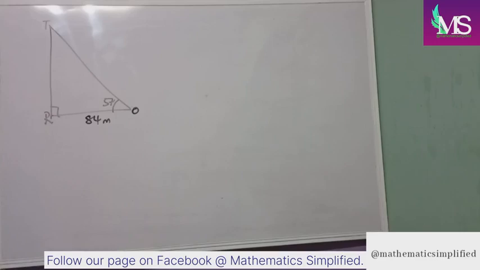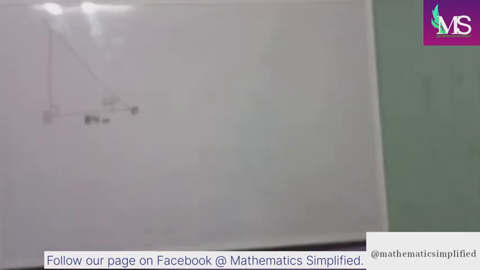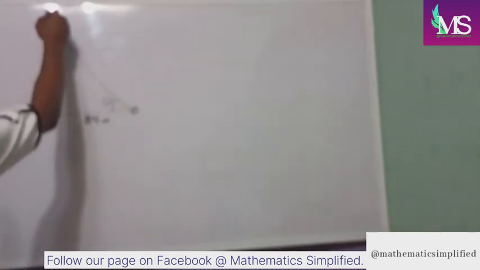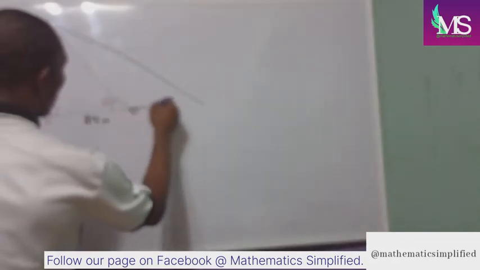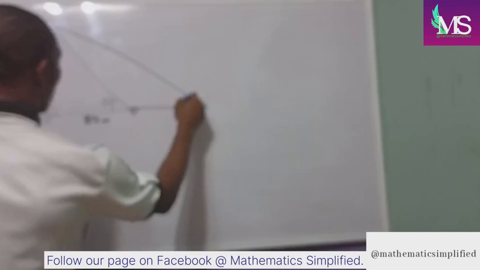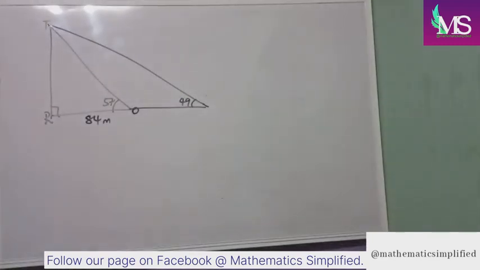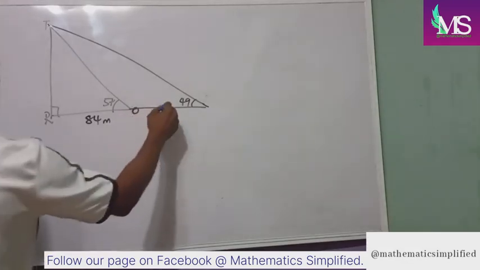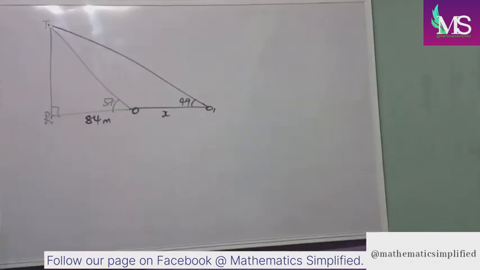Now the question says calculate, correct to 3 significant figures, the height of the tower, and B, if the observer moves away from the tower on the same line until the angle of elevation is 49 degrees, we should calculate, correct to 0.01, how far he has moved from the ground.